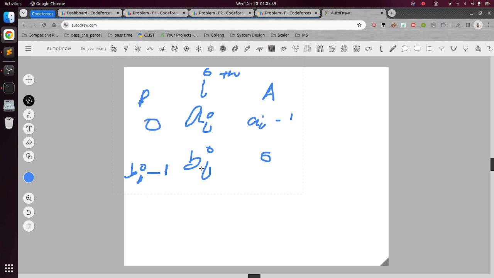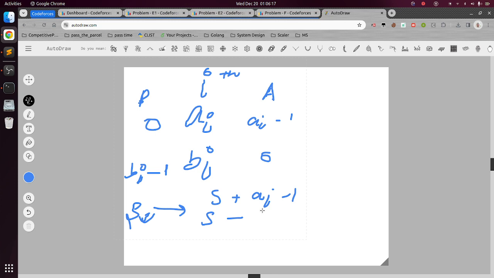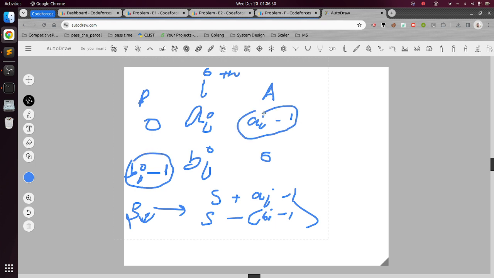What you can see is that for a particular sum you have already obtained for the rest of the colors, and now if you are coming to this color, then your score either goes to this state, or it goes to this state. Either these number of marbles have to be subtracted, or this number of marbles have to be added.